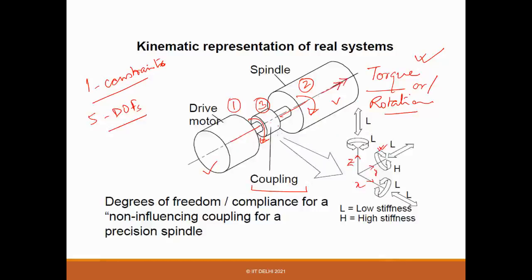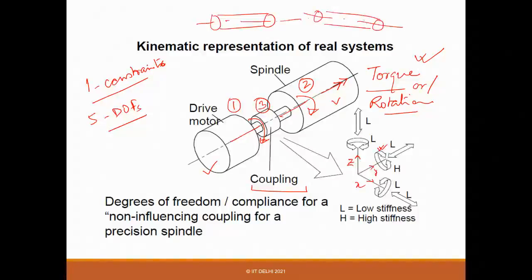Along Z is the same. Along Y, sometimes you want it and sometimes you may not, so it should be able to give that translation. Rotation also is needed because of some angularity. So suppose you have one axis here, and this can be for the driving shaft, and the other could be like this also, right?